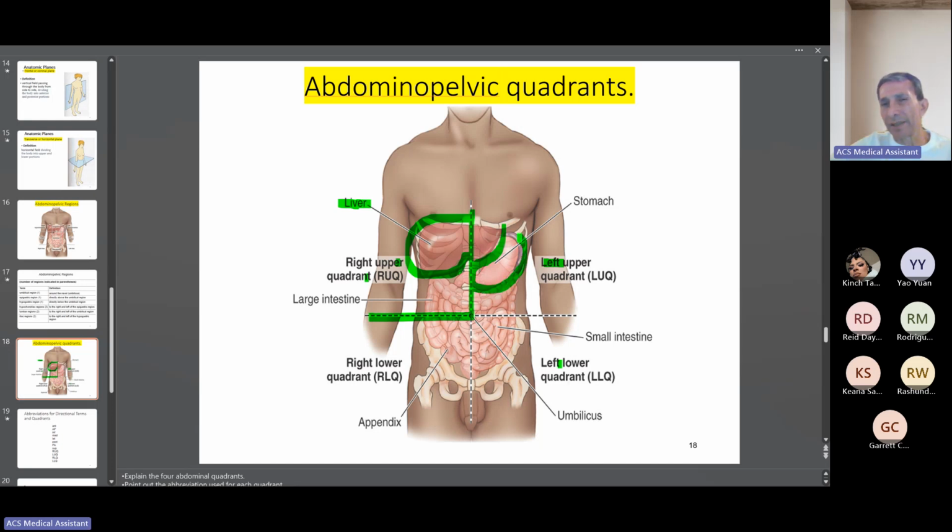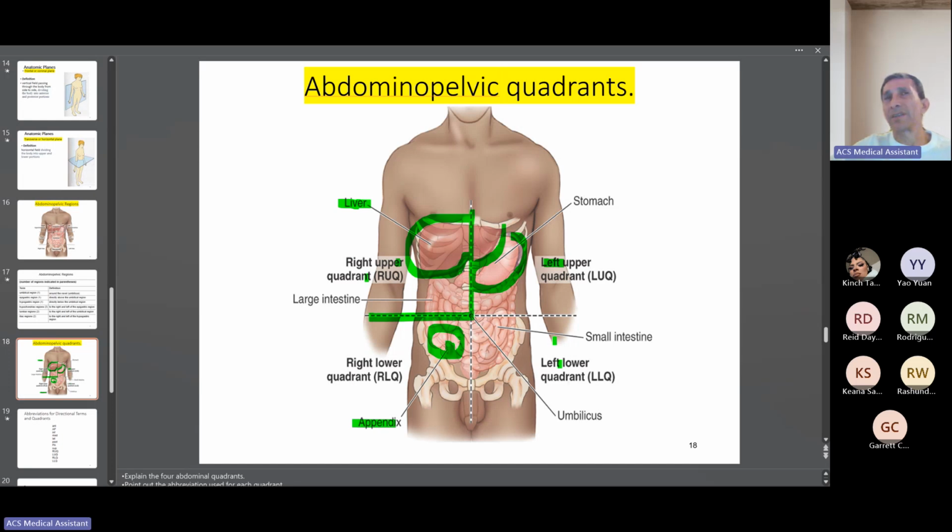Because most of the stomach is on the left. One more question: where is the appendix located? The appendix is located in the right lower quadrant. This is the appendix right here. The appendix is a little protuberance that comes out of the large intestine, and sometimes, due to an infection, it gets swollen and has to be removed before it bursts open, because that can kill the patient.